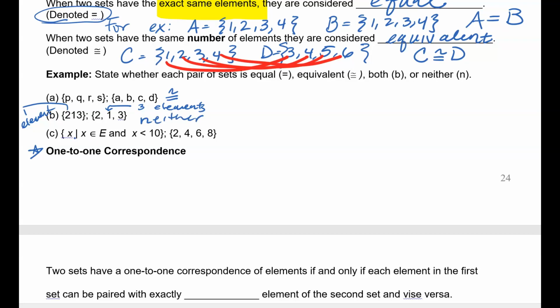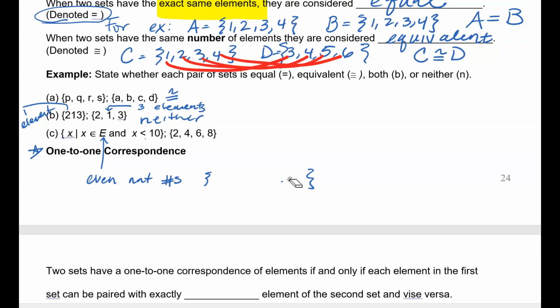And then for this one, all values of x such that x is a part of E. Remember, E is even natural numbers. So I'm just going to write a little note. Even natural numbers, that would be like 2, 4, 6, 8, those numbers, and x is less than 10. So actually, let's write that out.